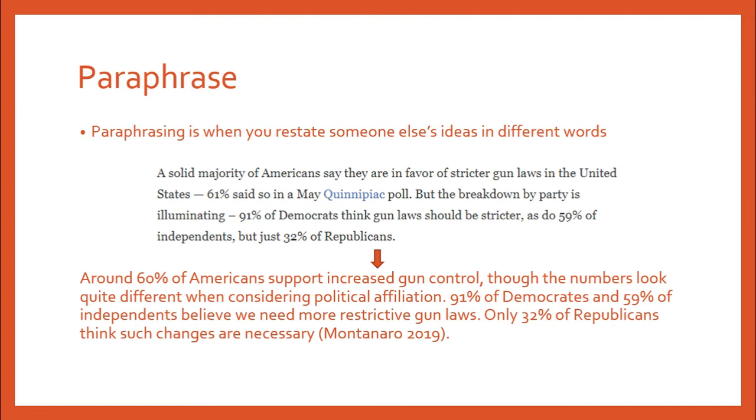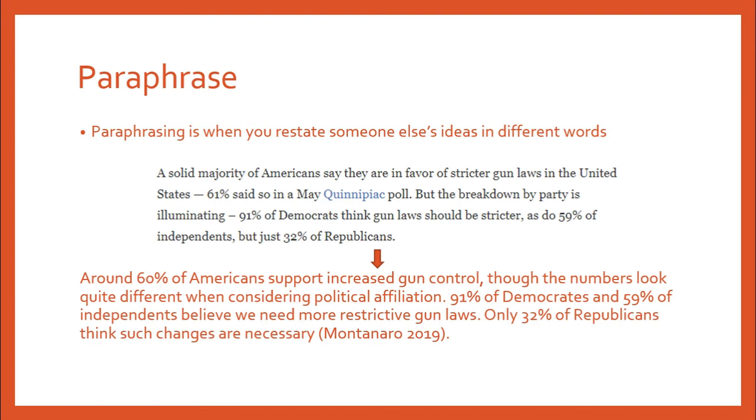So when you paraphrase a source, what you do is essentially you take the idea that somebody said or used or information that they have conveyed, and you put it into different words. So an example of a paraphrase with this paragraph would be, around 60% of Americans support increased gun control, though the numbers look quite different when considering political affiliation. 91% of Democrats and 59% of independents believe we need more restrictive gun laws. Only 32% of Republicans think such changes are necessary.